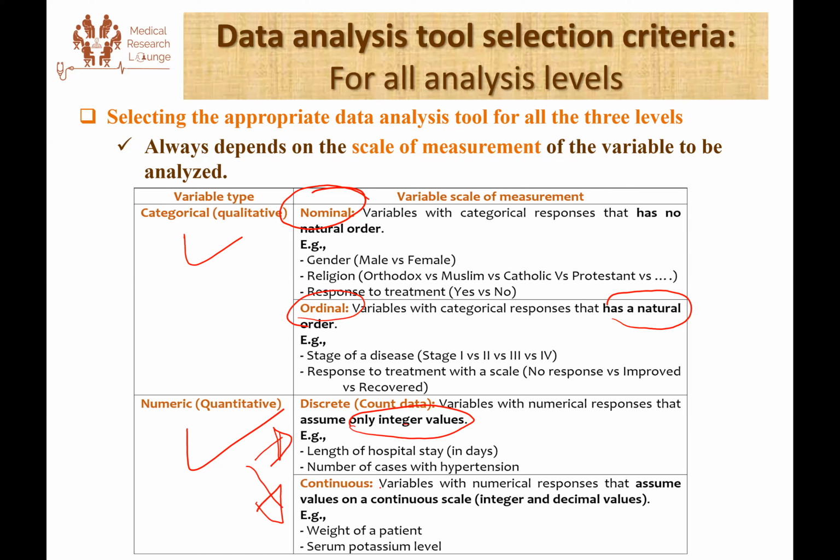That means our variables assume decimal values in addition to the integer values. Differentiating between these is very important, because everything that we do in analysis depends on the knowledge of the scale of measurement of your study variable. So it could be either nominal, ordinal, discrete or count data, or continuous data. Understanding this is very important.